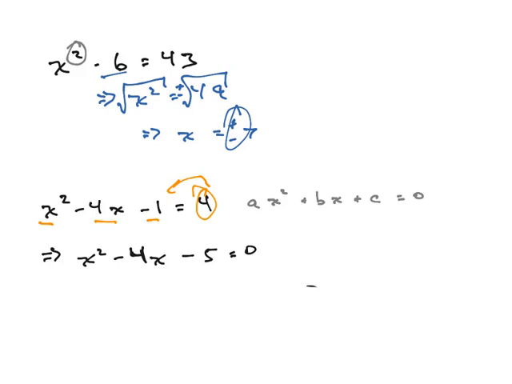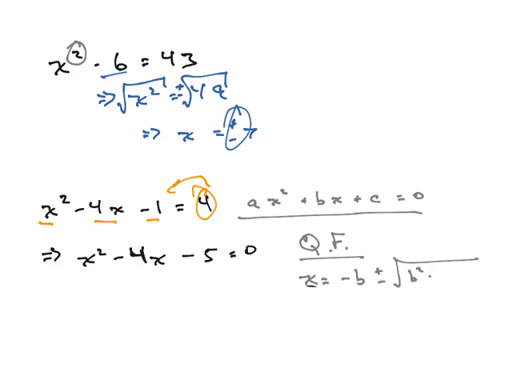And the brute force method just says quadratic equation. The quadratic formula, I should say. Quadratic formula. What does it say? It says if you have an equation that's in standard form like this, the answer is x will be equal to minus b plus or minus square root of b squared minus 4 times a times c, all divided by 2a.